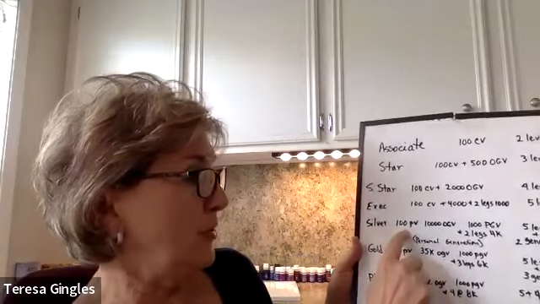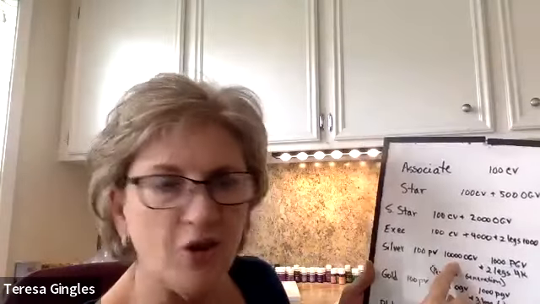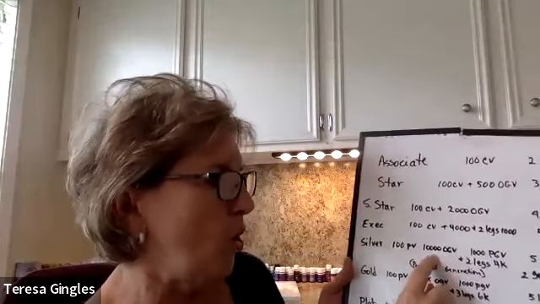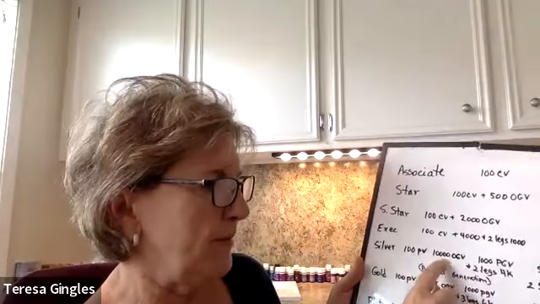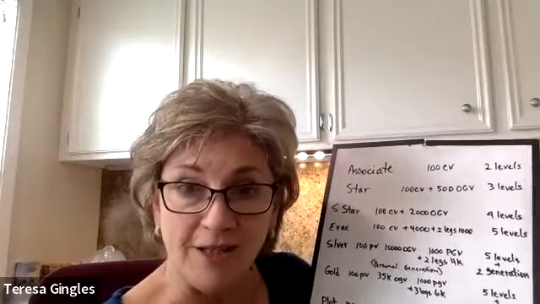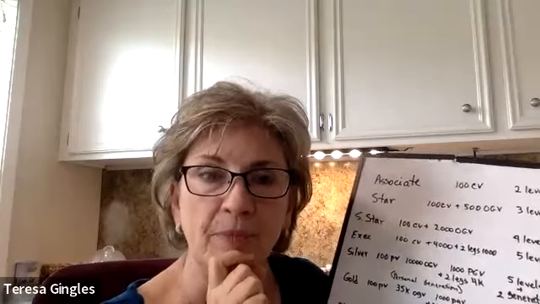So silver is 100 PV with 10,000 OGV. That means everybody in your organization total ordered $10,000 worth. And you have to have this other thing called PGV. And it has to be 1,000 for silver all the way to Royal Crown Diamond. You have to have 1,000 PGV.